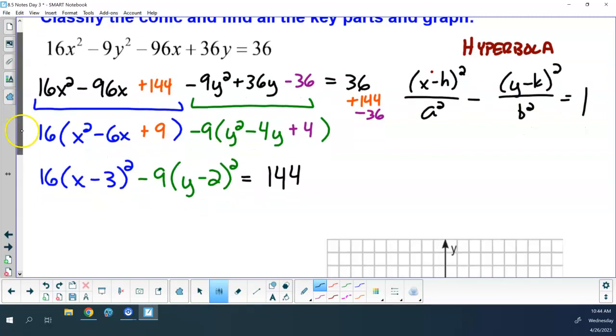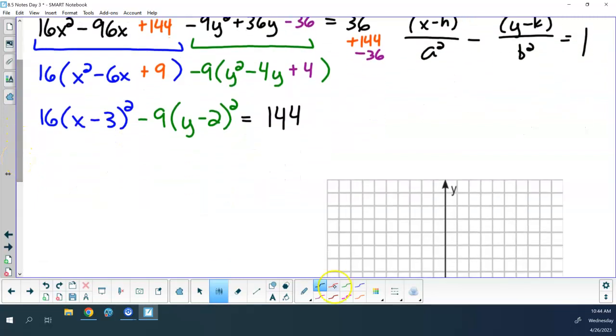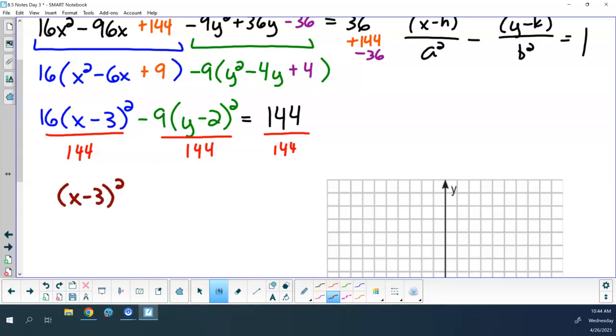Hyperbolas are equal to 1, so I have to divide everything by 144. So I get x minus 3 quantity squared all over 9 minus y minus 2 quantity squared all over 16 equals 1.